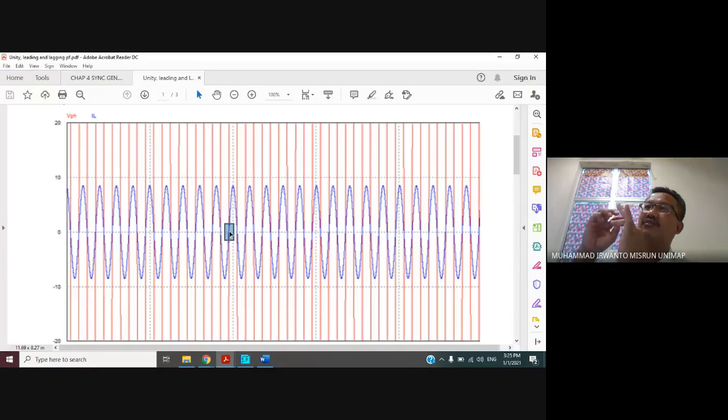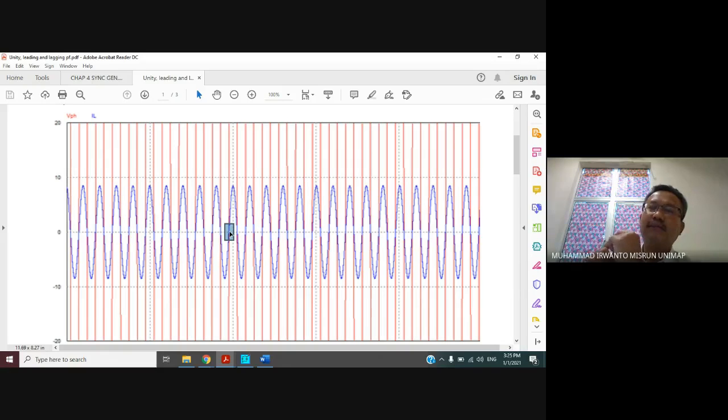What does reference mean? It means the phase voltage has the angle 0 degree. Remember, reference means the angle is 0 degree.